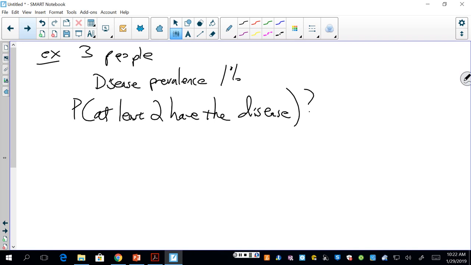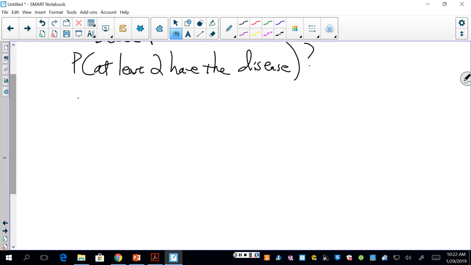We could look at something like that. If they're independent, for the outcomes of these three people, we could look at all different possibilities. Event A is person 1, B is person 2, and C is person 3, and they can have different outcomes.